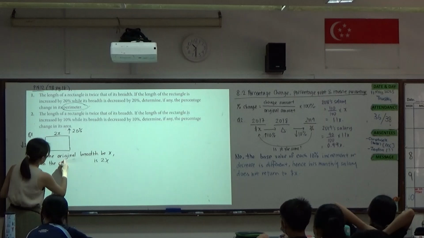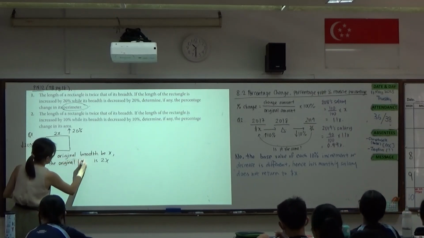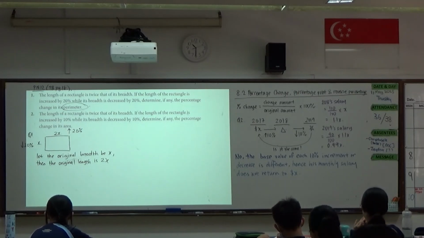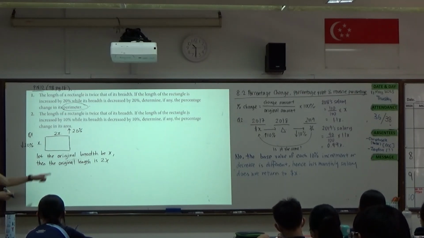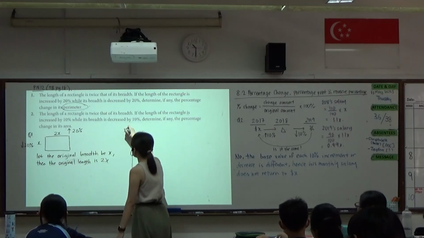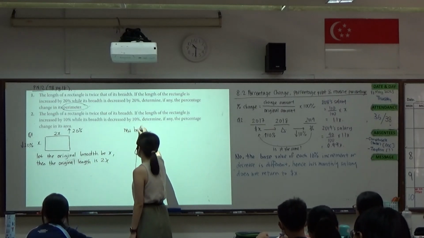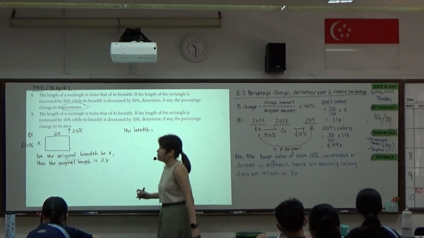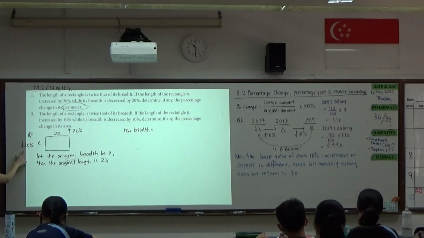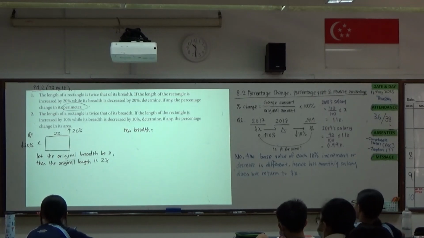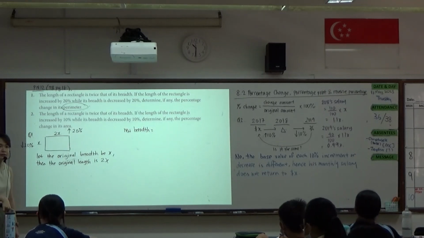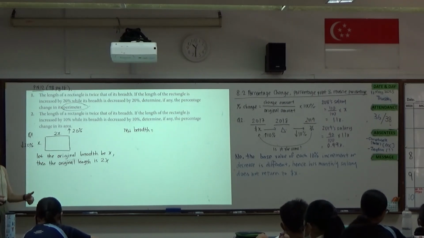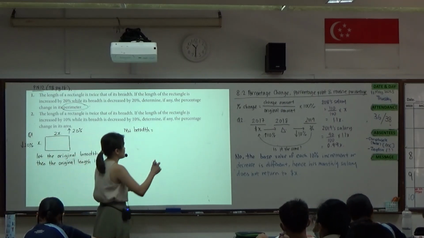Sorry, my bad, I was thinking too much, too fast. Maybe you find the new breadth first. Because it has decreased by 20%, that means currently it is how many percent? Originally is 100%, now decreased by 20 will be considered 80%.